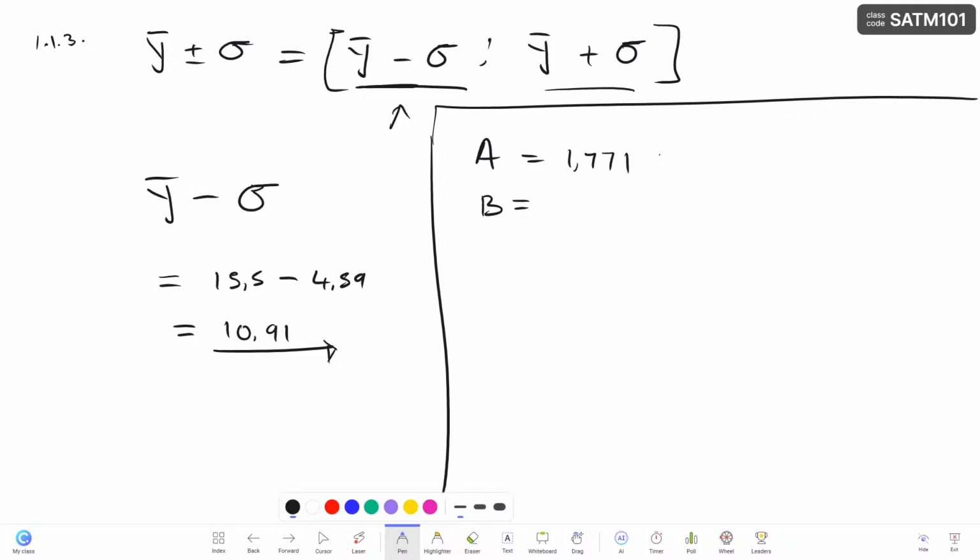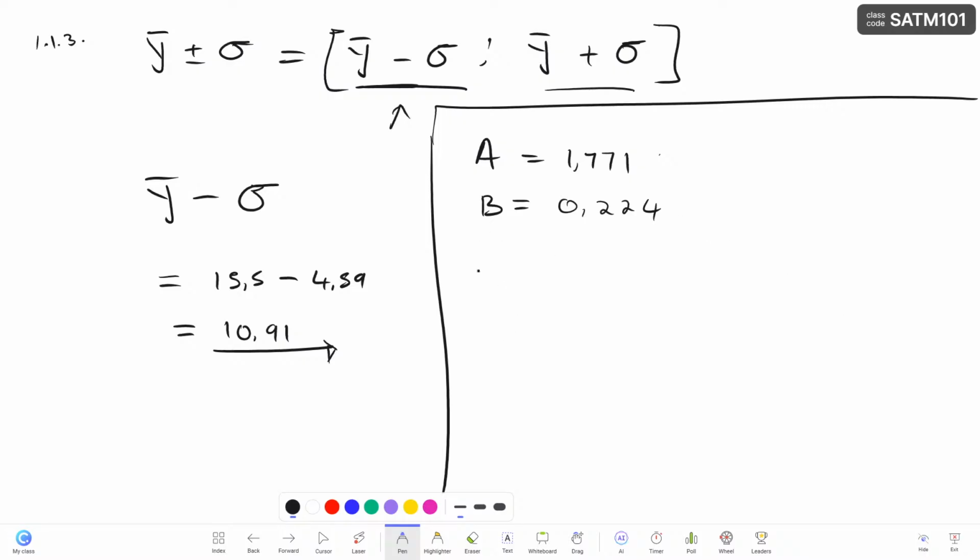Now let's check the value of B. You're going to press shift 1, then number 5, which is reg, then press number 2 so we can get the value of B. So the value of B is 0.224, rounding to 3 decimal places.